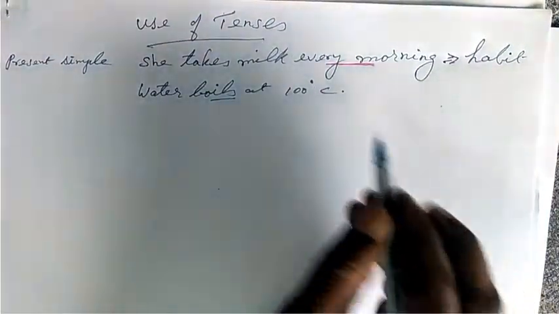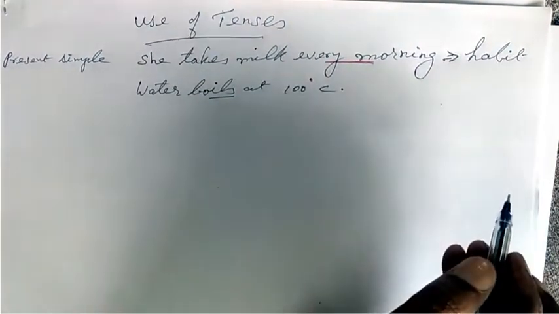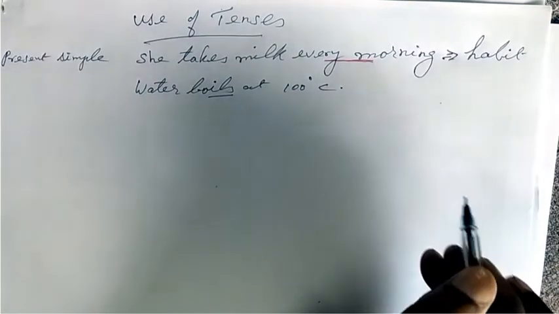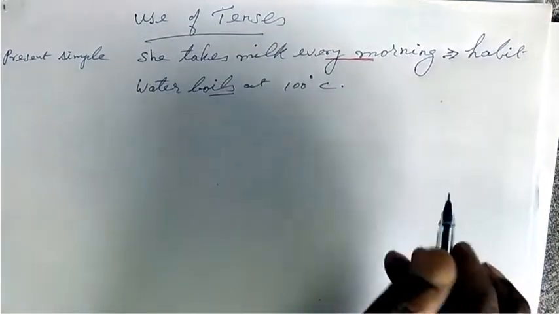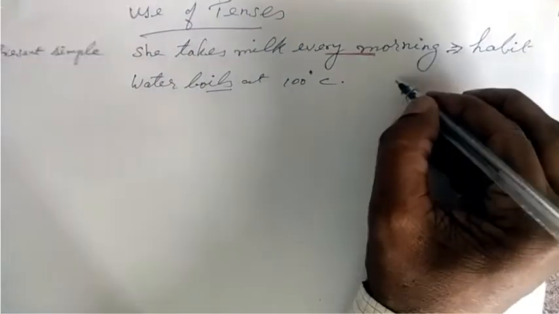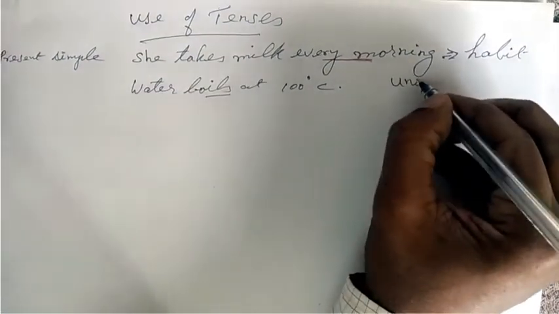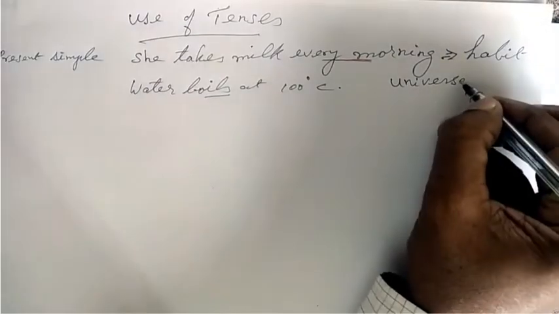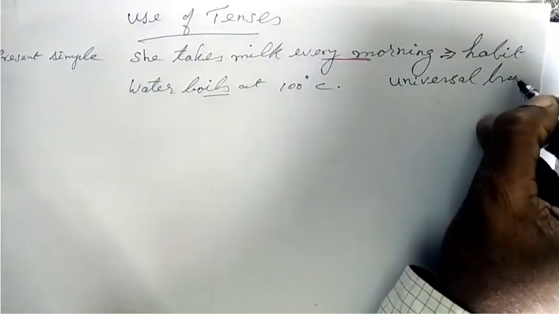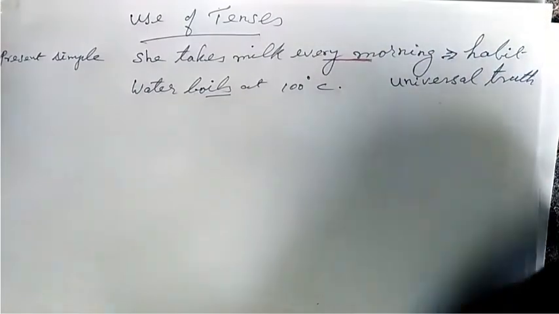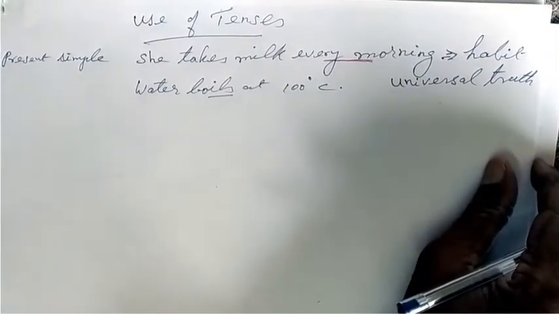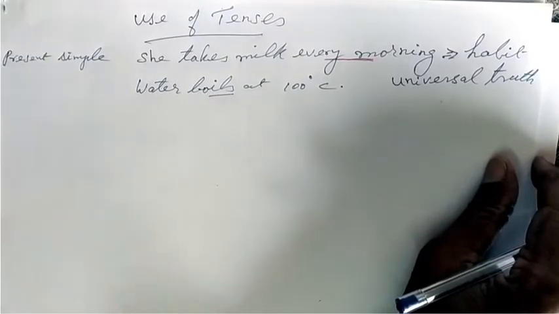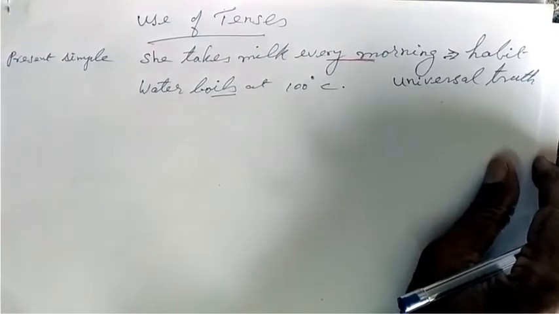Even after 100 years, it is going to boil at 100 degrees centigrade, Celsius. And that being the case, such is called universal truth. Therefore, when you have to present a universal truth, you use present simple tense.